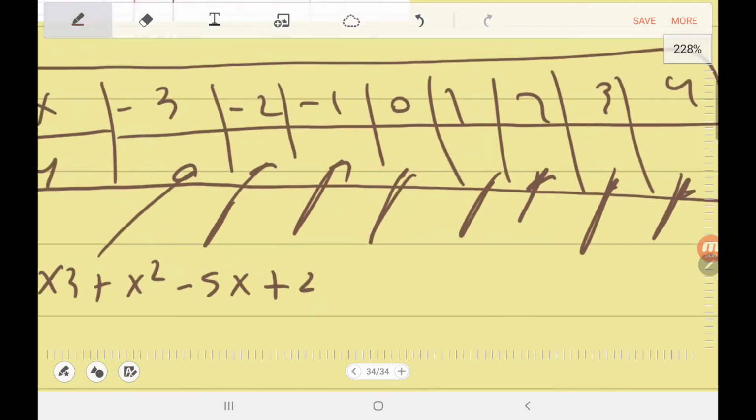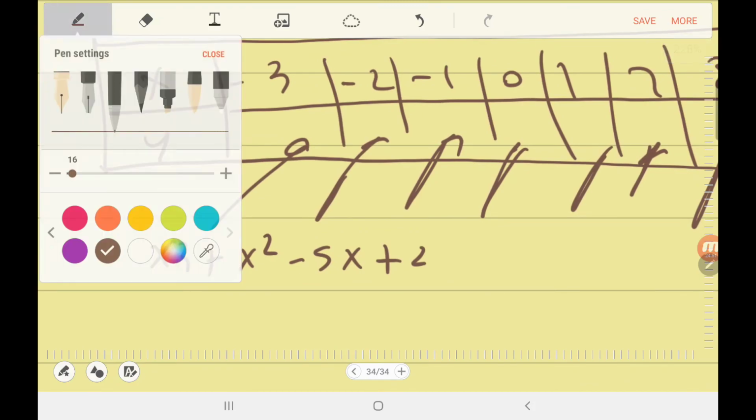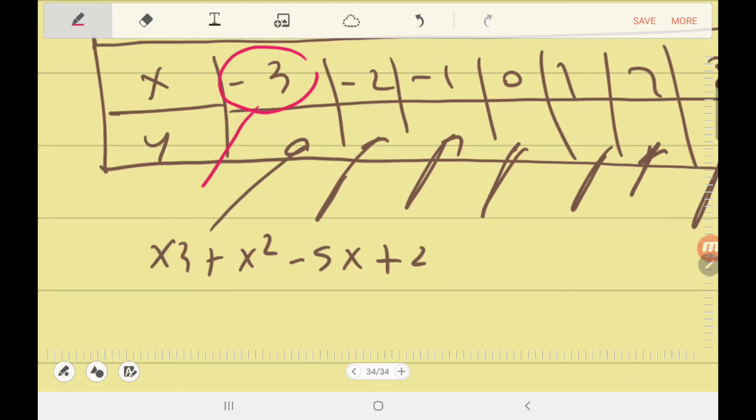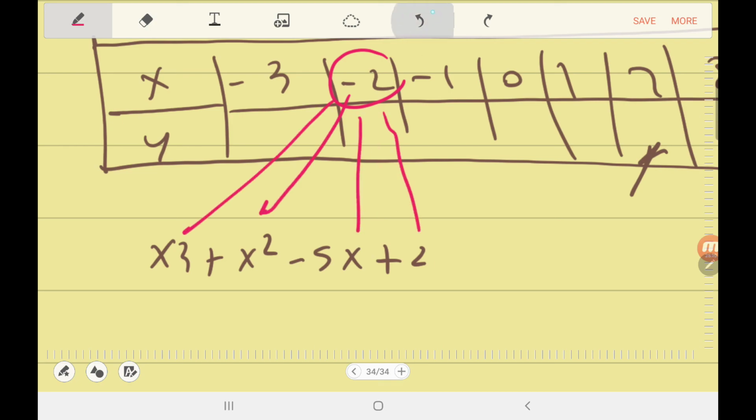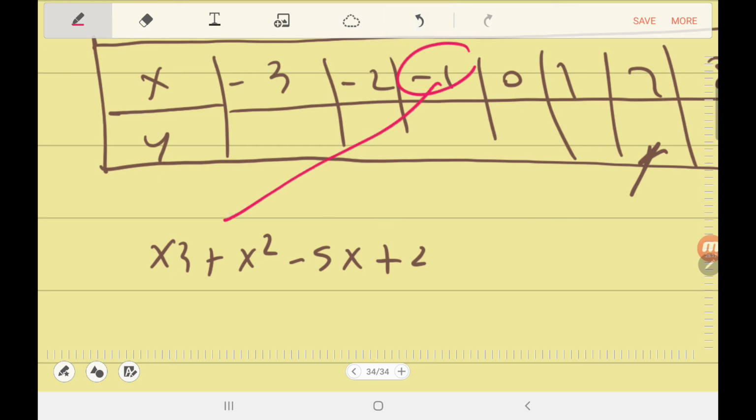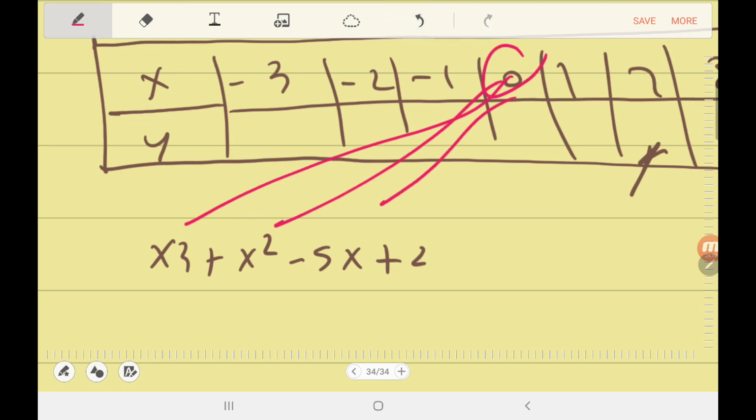So for -3, you put it in and find y. Then -2, you evaluate it and get y. Same story for -1, plug it in and get y. Same story for 0, and so on.